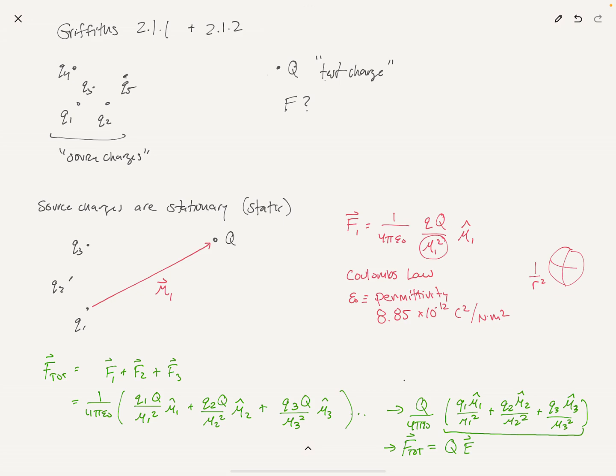Q times E. All right, so ultimately the goal of finding the force that a test charge feels all boils down to calculating what the electric field is from this set of stationary particles. So if you can find out what the electric field is, which is independent of my test charge, then if I put a test charge at that point, I can figure out what the force that it feels is.